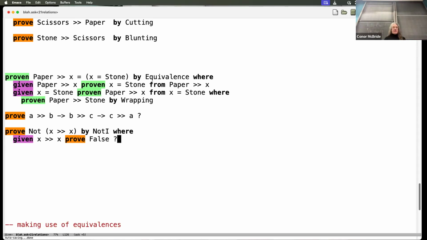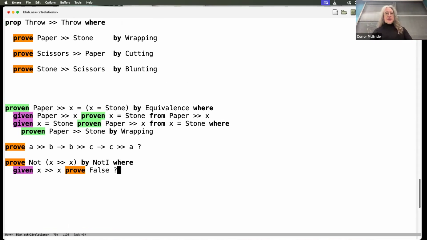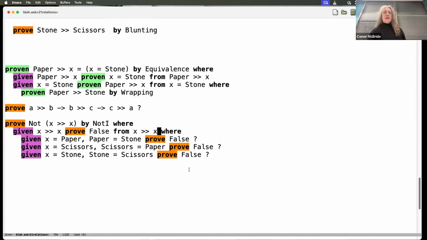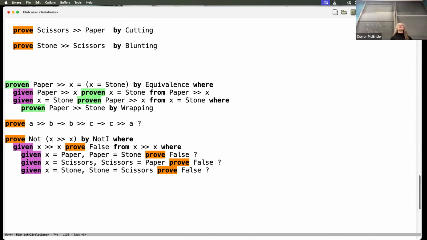Ask is not super clever about this, but let's see. We say from X beats X, and we get that all three rules fit if you fix them up with some equations. But if you look at the equations, they're a bit suspicious.